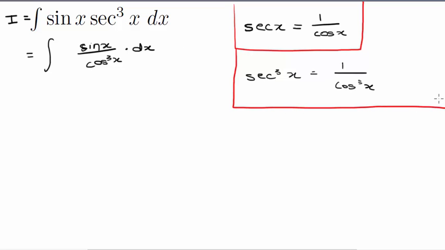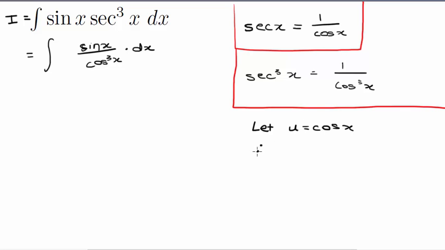I'm going to box this as well. We're going to do this on the side here. We're going to let u be whatever trigonometric function has the highest degree, and that is going to be cosine of x, because it has a degree of 3. So we're going to let u be cosine of x.